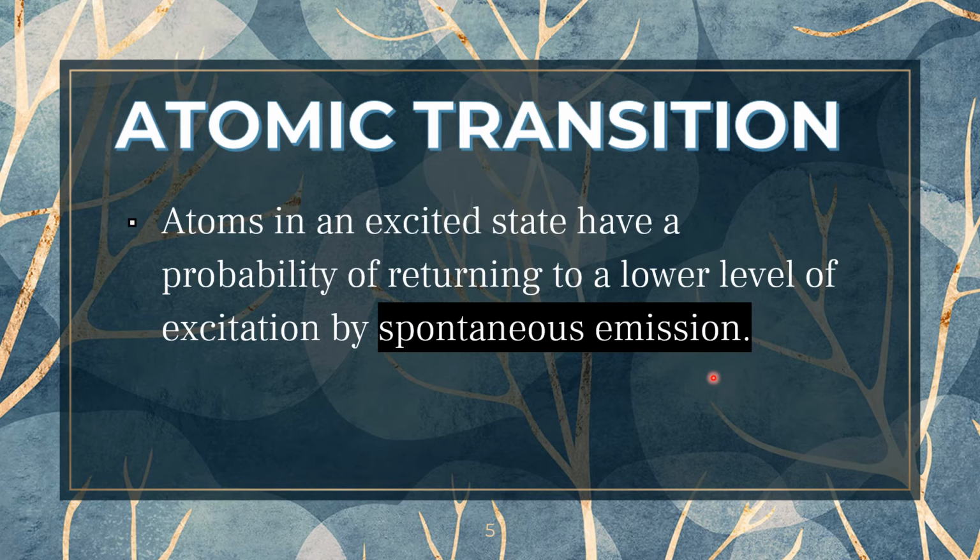It also emits a quantized amount of energy in the form of a photon. Spontaneous emission is ultimately responsible for most of the light we see all around us. It is so ubiquitous that there are many names given to what is essentially the same process.